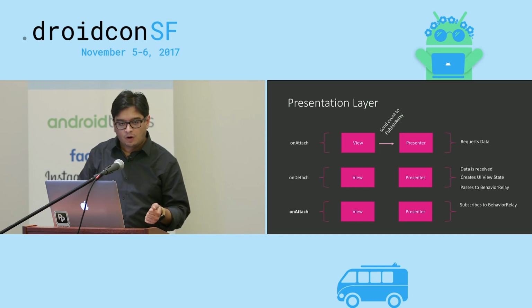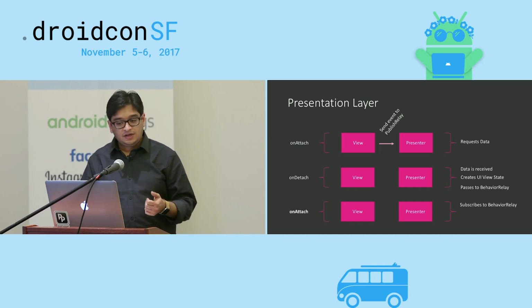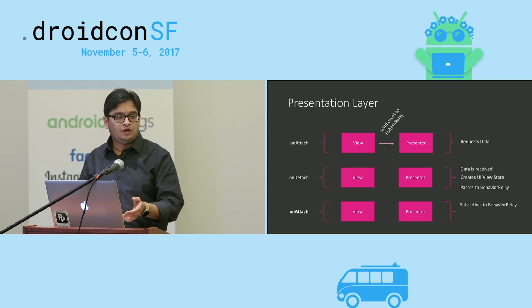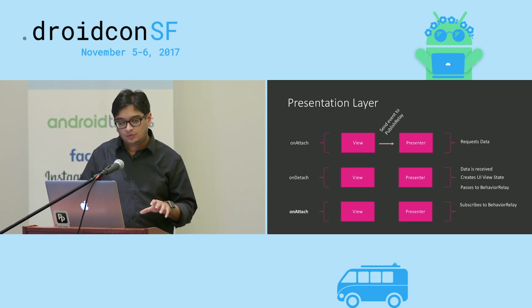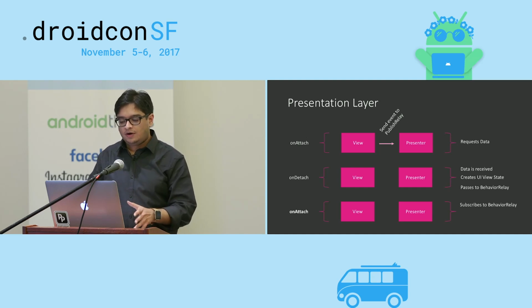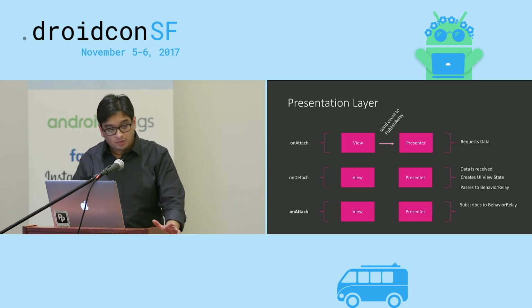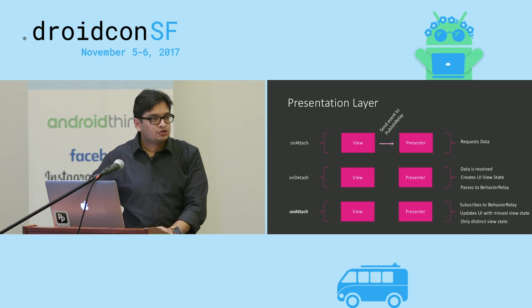The behavior relay's property is that it remembers the last item that was sent out even before the subscription happens. So on onDetach, our behavior relay holds the state of the UI when it was not attached. On onAttach, it subscribes again, remembers the last item, updates the UI state which was missed, and makes sure that only distinct view states are shown on the UI.